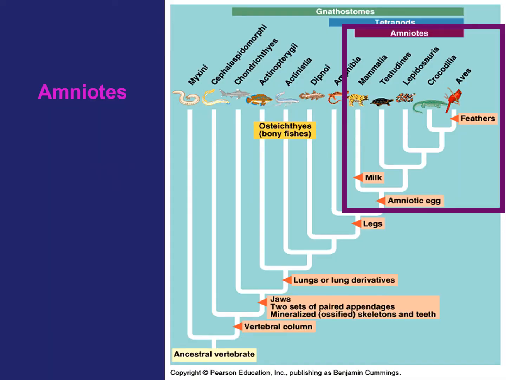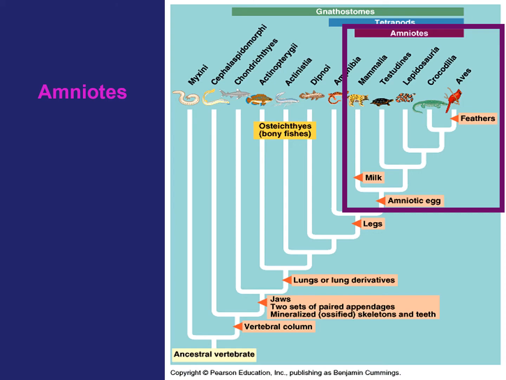The next group we're going to look at are the amniotes. Now, the amphibians were and still are restricted to rather wet locations. They need standing water, fresh water, to reproduce, and that's because they have these eggs that are soft-shelled, if they have any shell at all. Typically they're just covered with a gel-like layer.